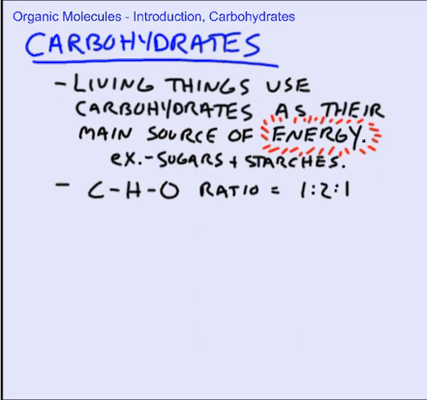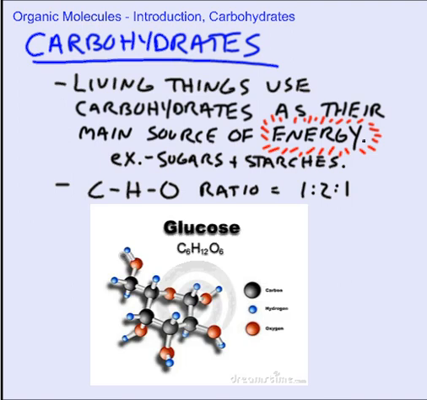In carbohydrates, the ratio of carbon to hydrogen to oxygen is usually 1 to 2 to 1. Glucose, for example, is 6 carbons, 12 hydrogens, and 6 oxygens, C6H12O6.